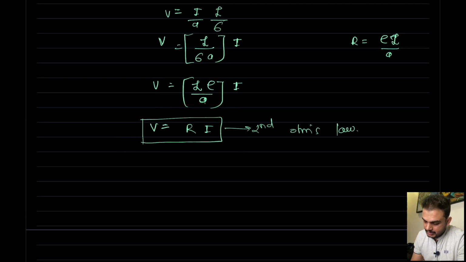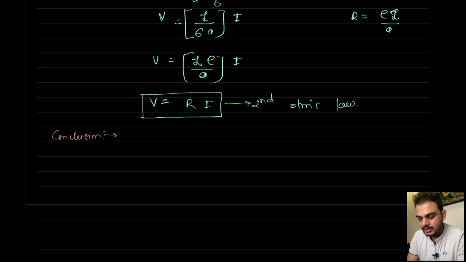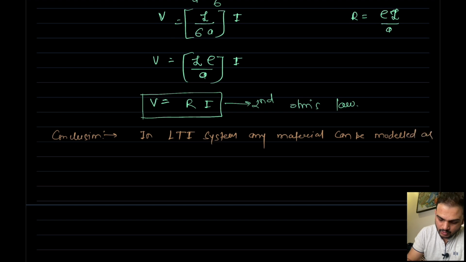From this, what conclusion can I draw? This is for a linear time invariant system. This conclusion is very important from the exam point of view. In a linear time invariant system, any material can be modeled as what?